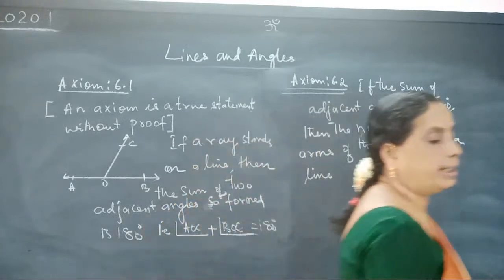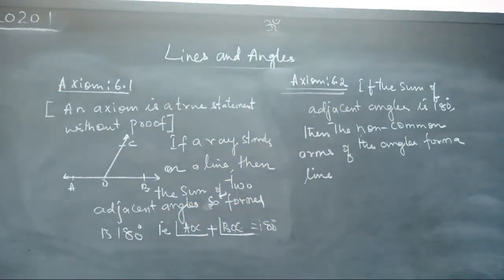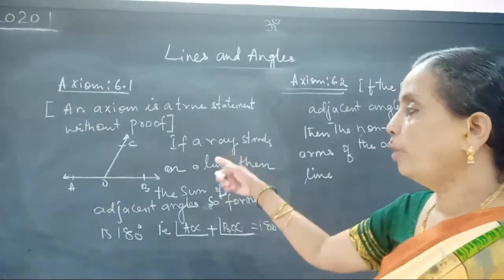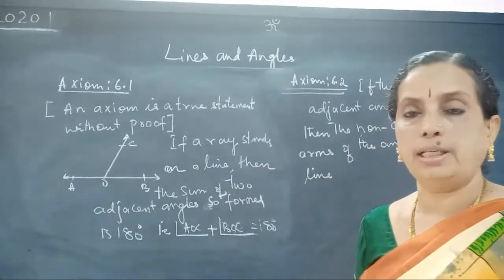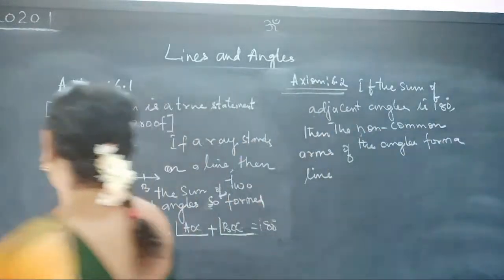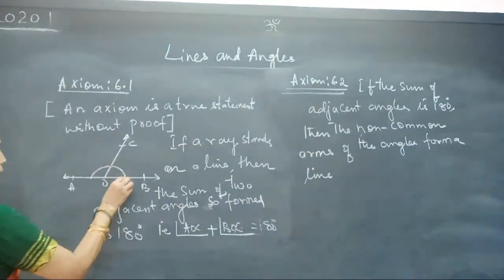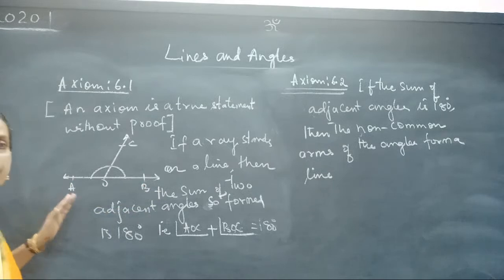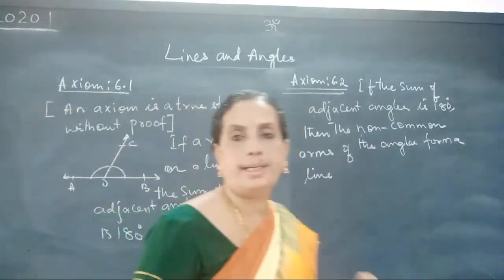When it is a straight line and a ray stands on it, then the sum of two angles is 180 degree. Conversely, if the sum of two adjacent angles is 180 degree, then the non-common arms form a line. Then only do we consider their sum to be 180 degree.